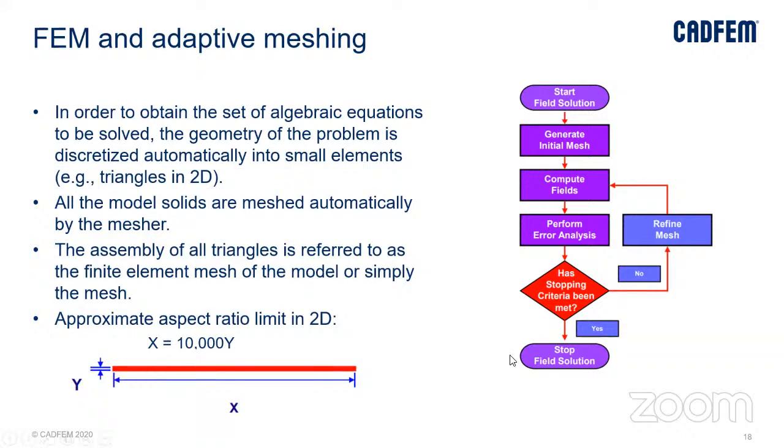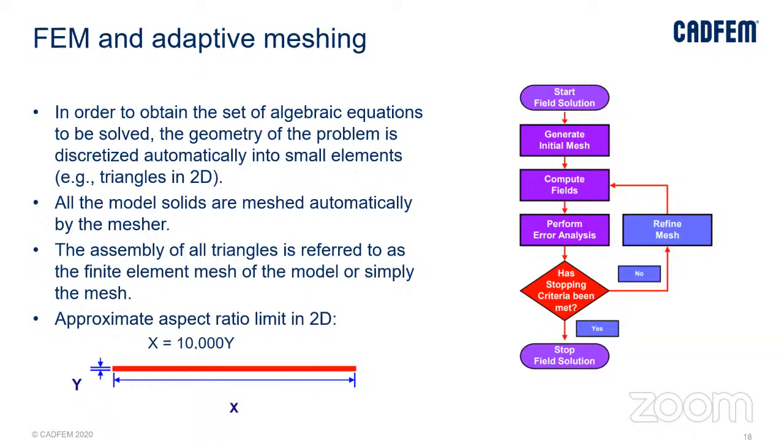If you look at the process, it starts with the initial mesh, and as per your convergence criteria, because as a design engineer we need to provide the convergence criteria, it computes the fields for that initial mesh and performs the error analysis, which we call the energy error analysis. That defines whether the energy error has met our requirement or not.